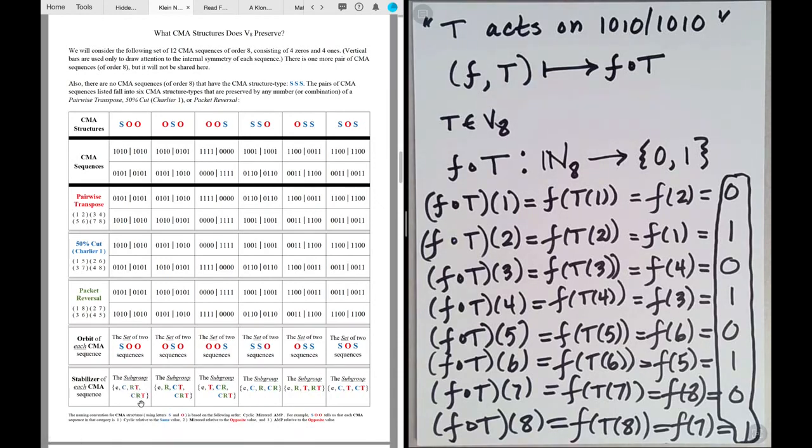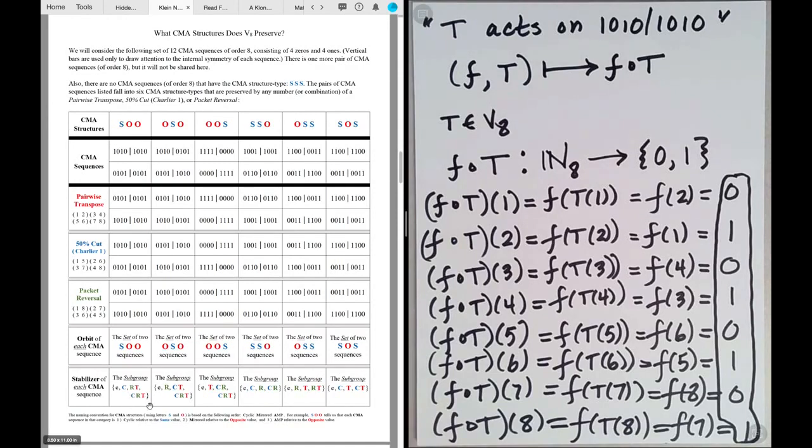And finally, there's just one more element in the stabilizer subgroup of 1, 0, 1, 0, 1, 0, 1, 0. Namely, think about it. If C holds that CMA sequence fixed, and RT holds that same CMA sequence fixed, then the composition of those two, or you can think of it as the permutation product of those two, will hold that CMA sequence fixed.